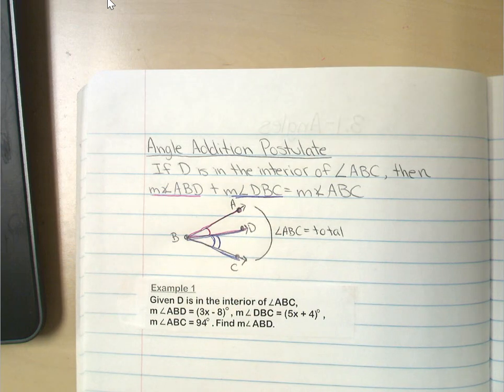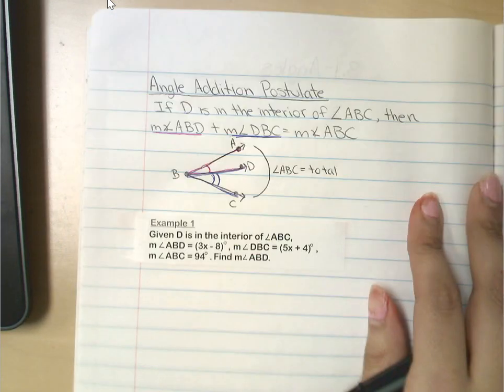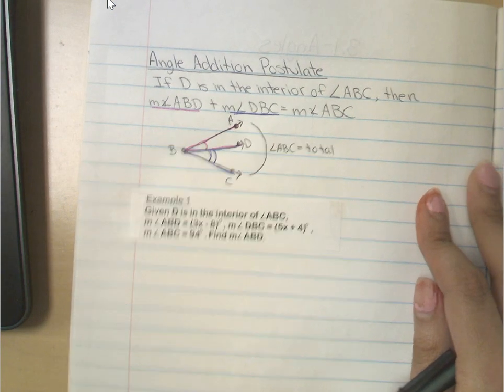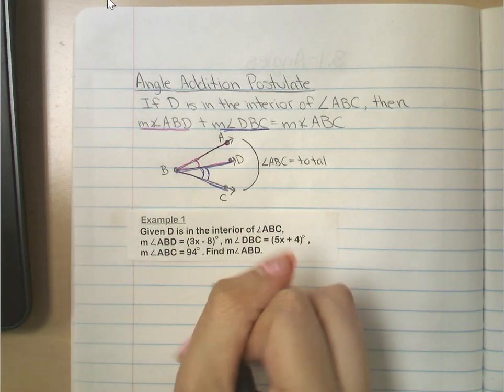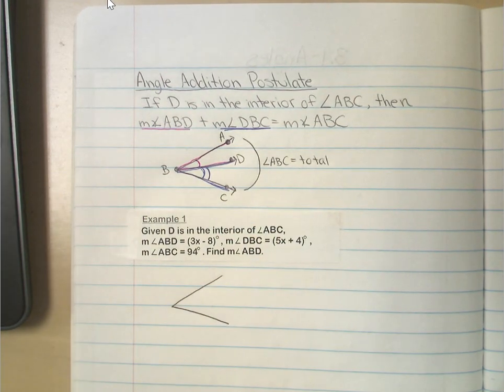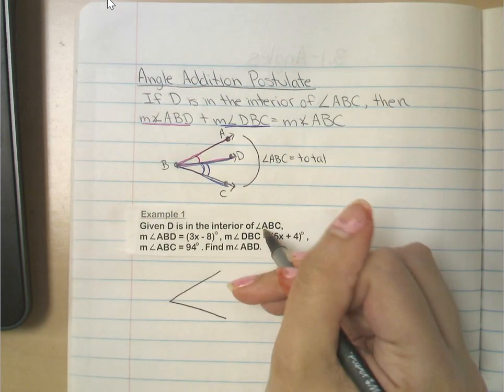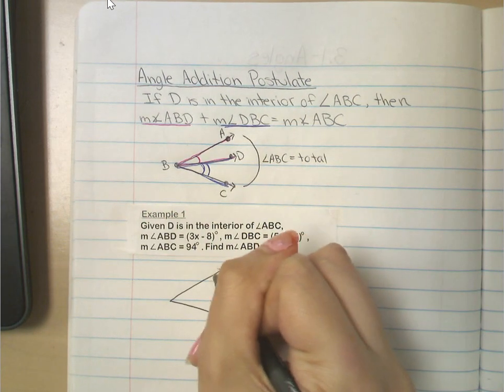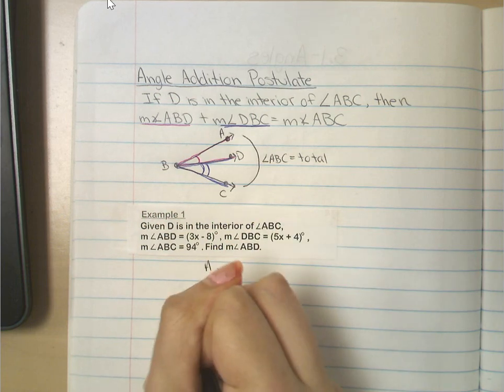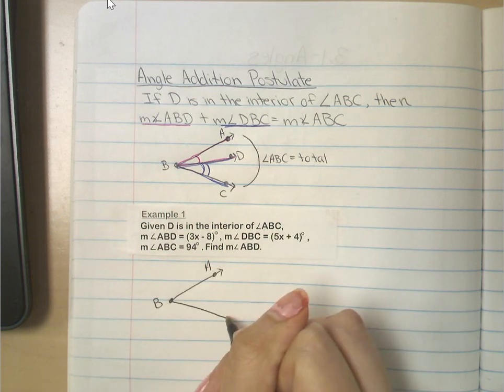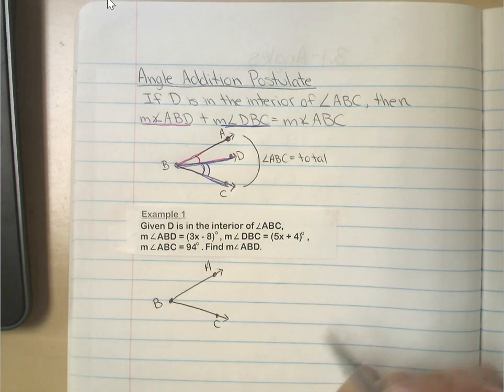That's the entire angle that I'm going to be working with. It doesn't matter what type of angle you draw as long as you label that correctly. It's A, B, and then C.